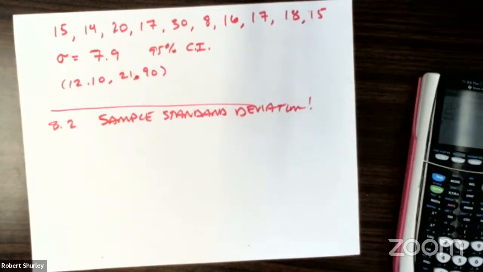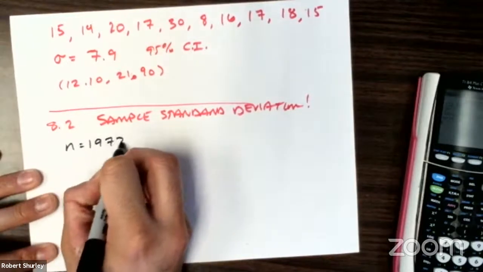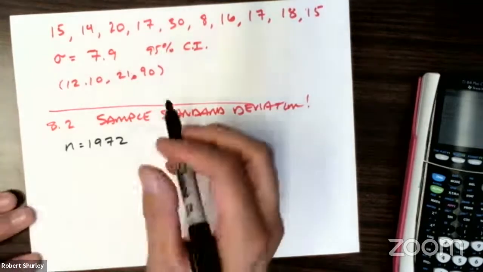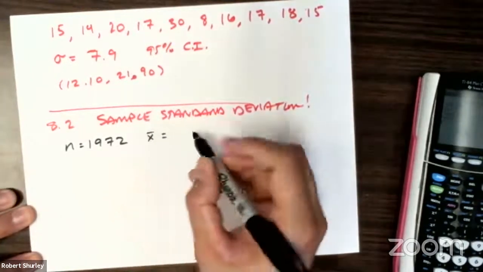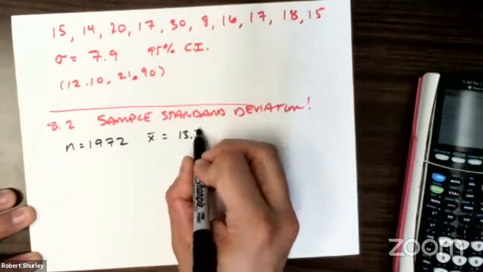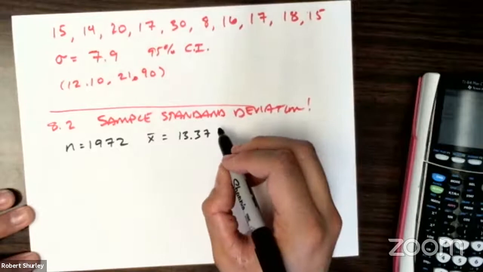This is number 22. It says the General Social Survey asked 1,972 adults how many years of education they had. The sample mean was 13.37 with a standard deviation.